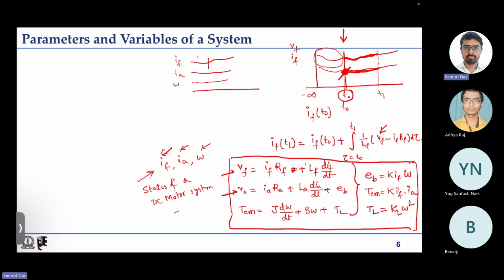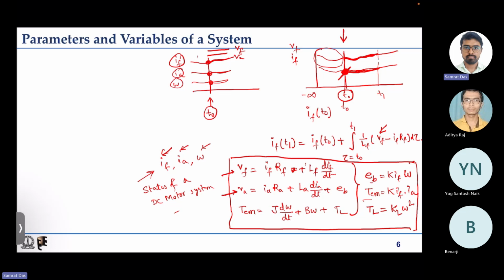If we know the values of these at an instant t equal to t0, and we know the inputs after that, say how the vf changes and how the va changes after t equal to t0, we will be able to say what the behavior of these three variables if, ia, omega is going to be, and thereby we'll be able to say the torque, also the back emf, everything about the system after that.